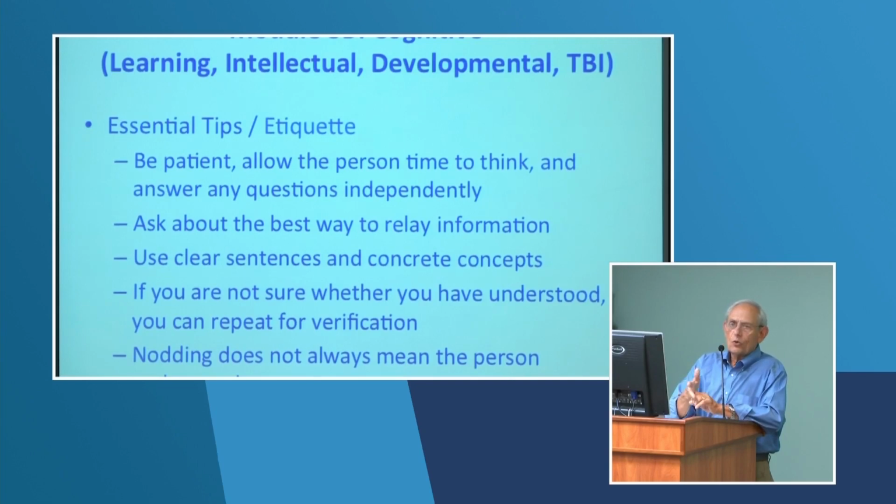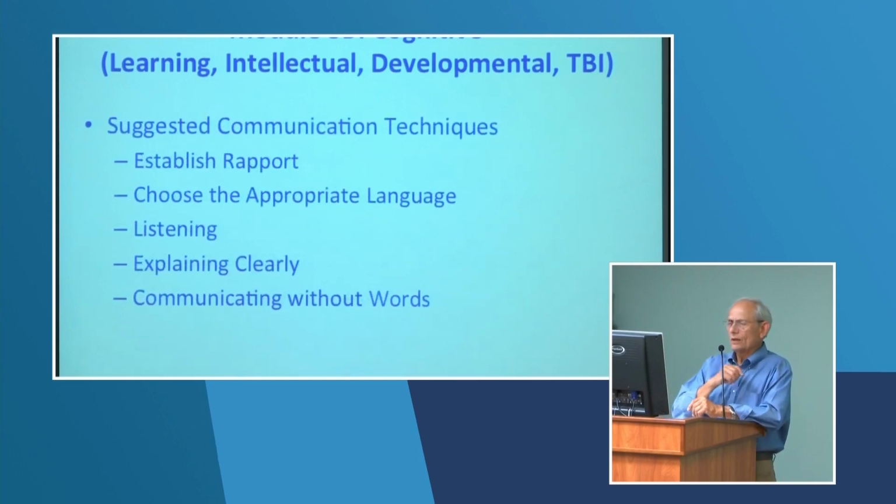If you're not sure what you understood or whether they understood, repeat it for verification. If someone is nodding, whether yes or no, that doesn't mean they understood you. That means they're nodding. You have to confirm that. If you say, hey, do you understand?